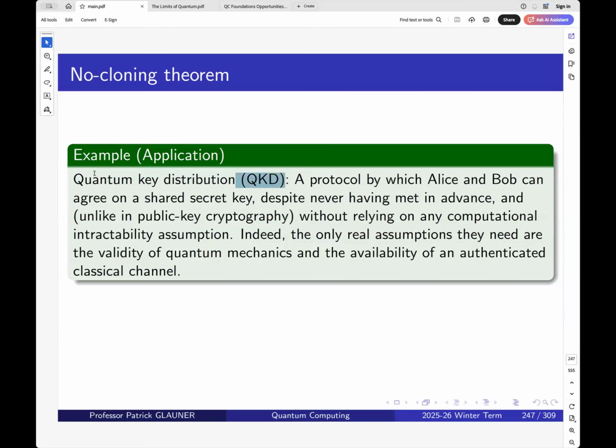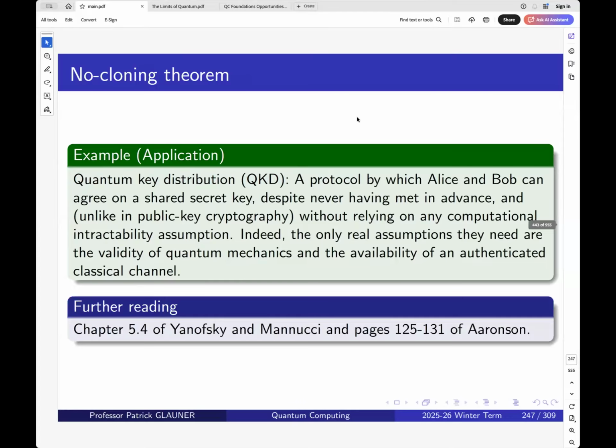This is not a recommendation that like 50 groups will present quantum key distribution, yet maybe some of you, especially the ones from cybersecurity, are interested in quantum key distribution, and here the no cloning theorem plays a very important role. If you want to learn more about the no cloning theorem and its consequences, it's explained also in the Janowski and Minucci book and in the Aronson book.